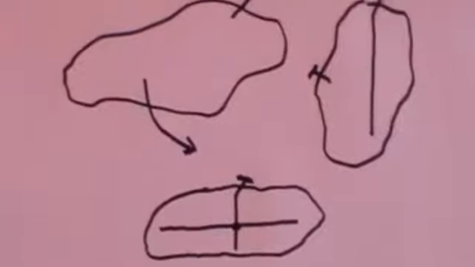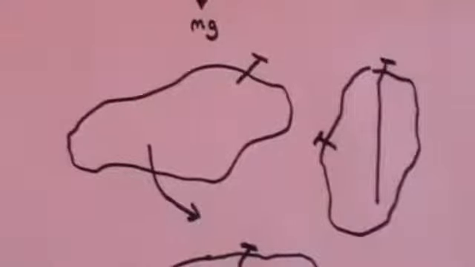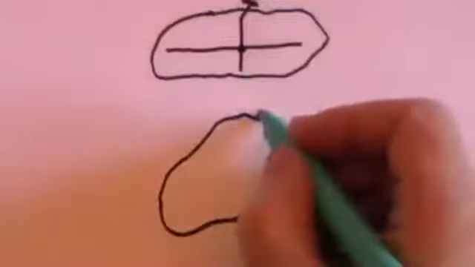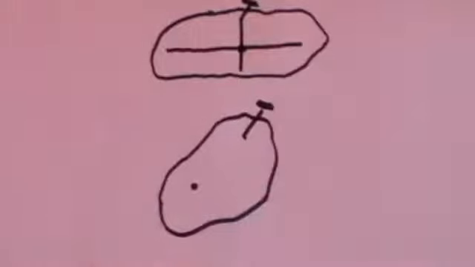Now, why did we say that the centre of mass was on those two lines? Well, let's suppose we put the object on a pin. There's the pin, it goes through here. And let's suppose that the centre of mass is here.